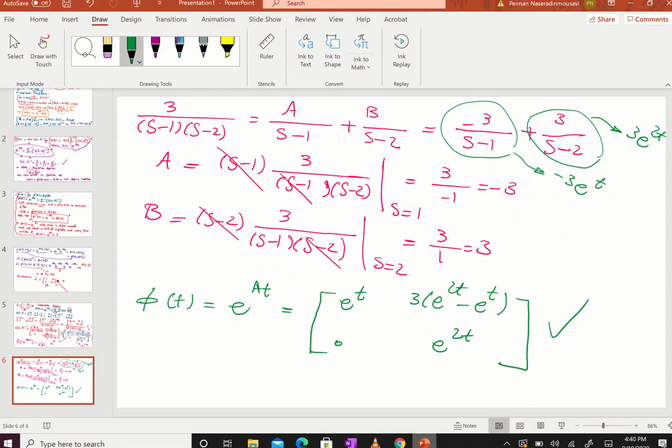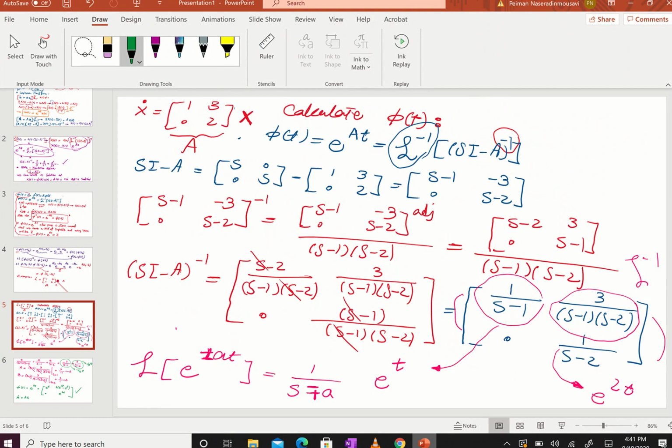So you're going to tell me, okay, what do I have to do with this? Guys, remember that the original LTI second order system was x dot equals Ax, and your A was this, right?